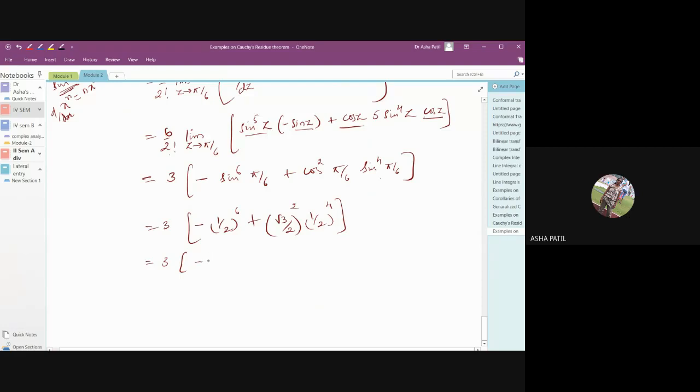Two raised to 6 means it is 64. Is it right?